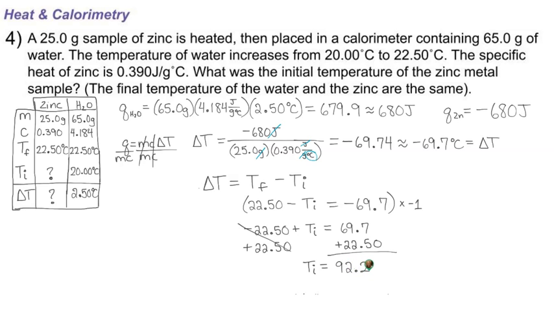And since there's only one decimal point on the 69.7, we will round our answer to one decimal point as well, which has 3 sig figs, which does indeed match our initial number of sig figs. That worked out nicely. So our initial temperature is 92.2 degrees Celsius. And we will just box in that final answer. There we go.